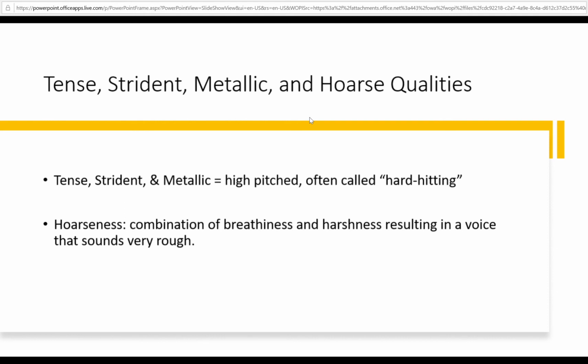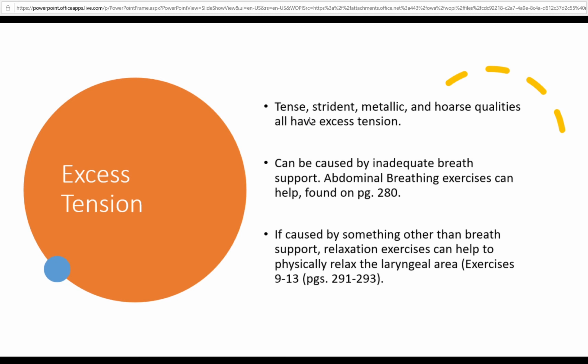Anyways, let's continue. Very tense, very strident, and very metallic voices, and hoarse qualities all have excess tension to be produced. It can be caused by a couple things. One is inadequate breath support.